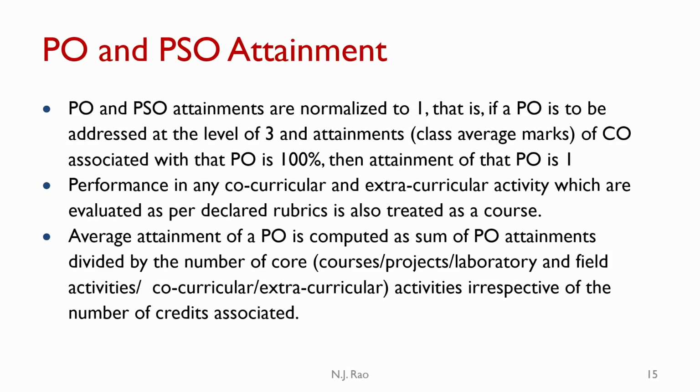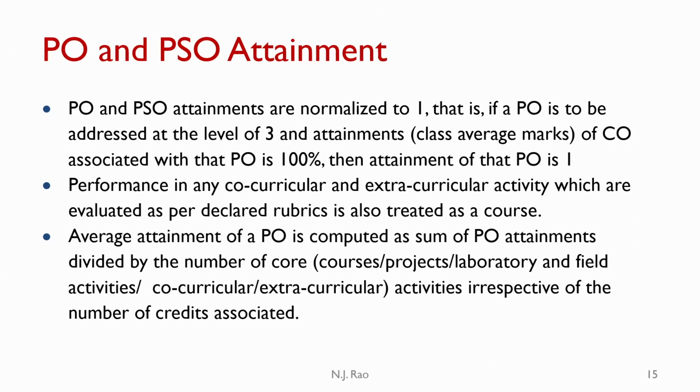We need to define something like PO or PSO attainment to some norm. I can call it 100% or I can just merely say 1. It does not matter what norm, what maximum you take. Now, if maximum attainment of a particular PO is 1, under what conditions do I consider that?